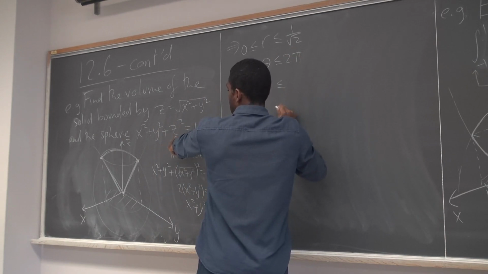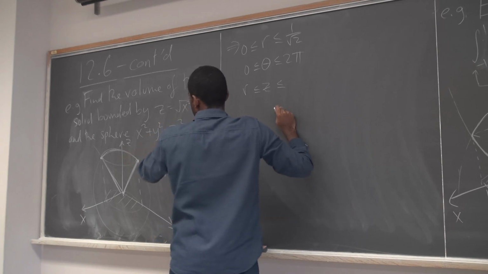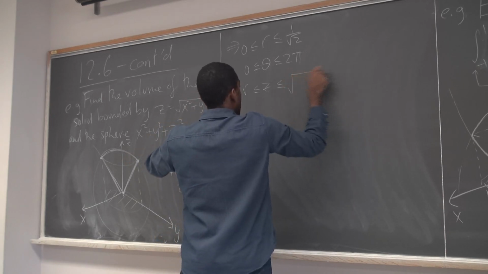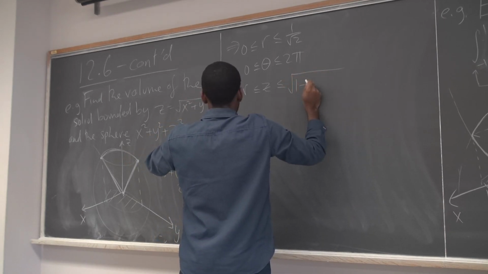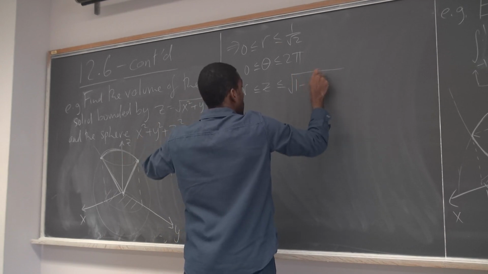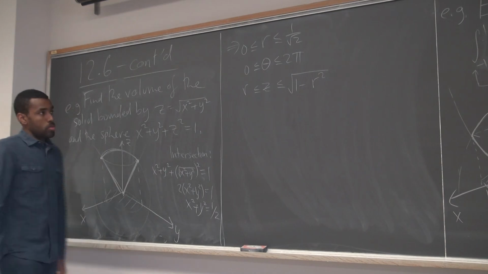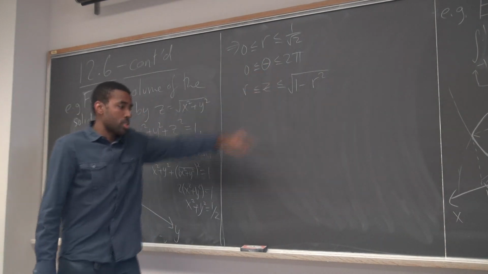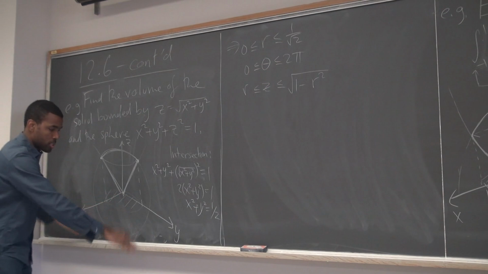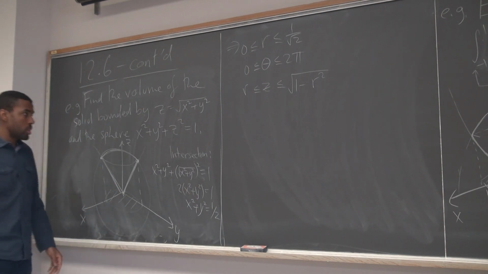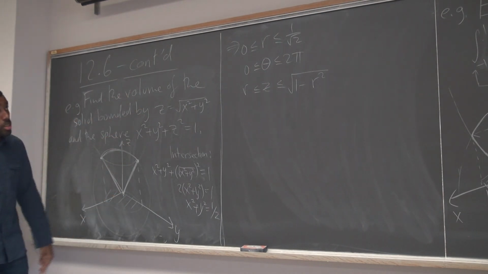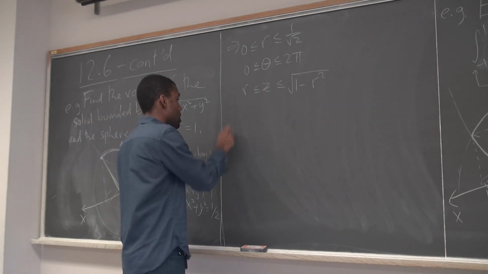Right, so you solve for z here, which is the top surface. I would get the radical of 1 minus x squared minus y squared, which is r squared. Technically when you solve for z you get plus or minus, but we don't care about the minus part. The minus part will give you the bottom part of the cone. So we ignore that, we just take the positive radical, and those are our limits.